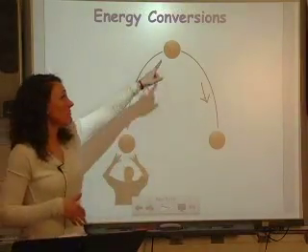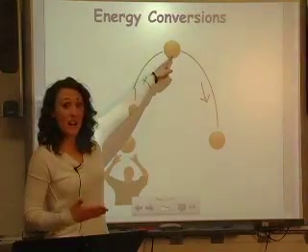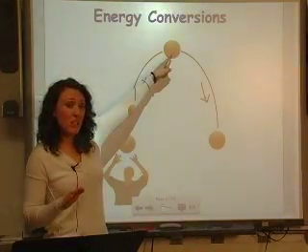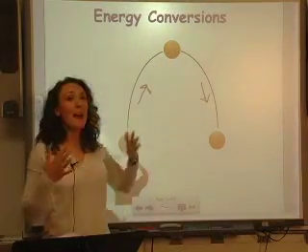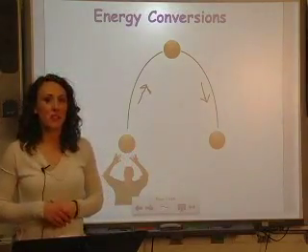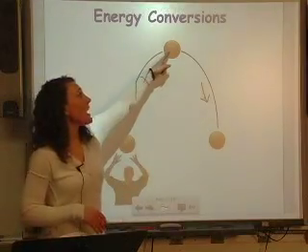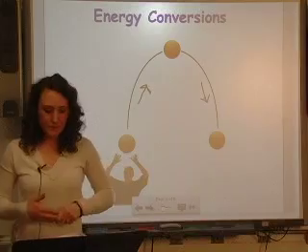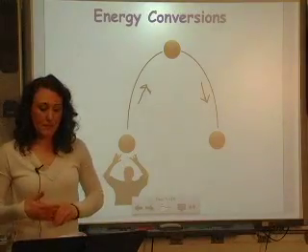At this position, not going up, not going down, 0 speed, 0 kinetic energy, we call this position maximum potential energy because it now has potential because of its position. So please write this down.